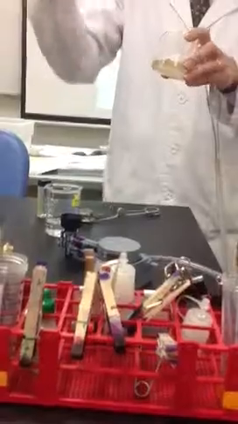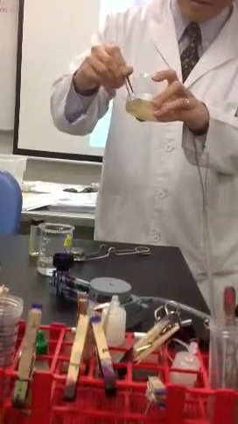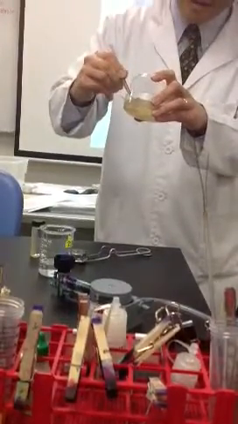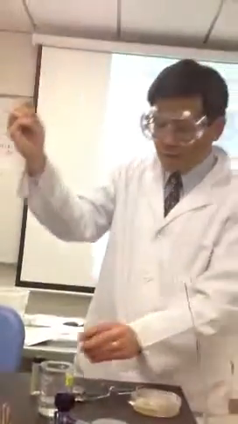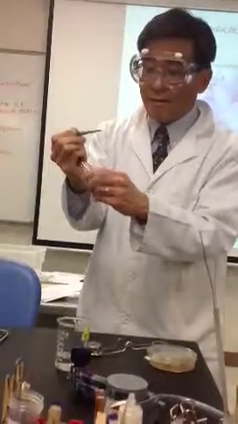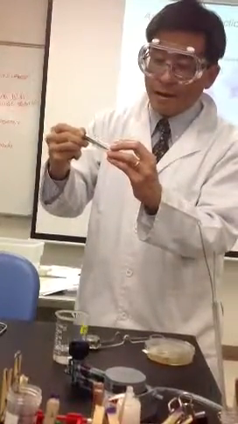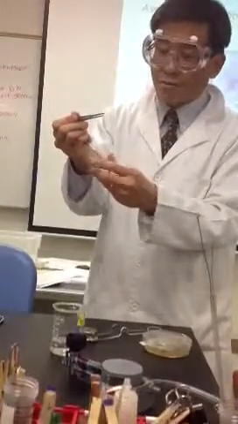If you have a square, you can just pick up the square. If you have to get a piece of it, then you have a little more challenge. So I'm just going to grab a little piece of this, like that. And then you just stick it inside here, like that. And that should grow.